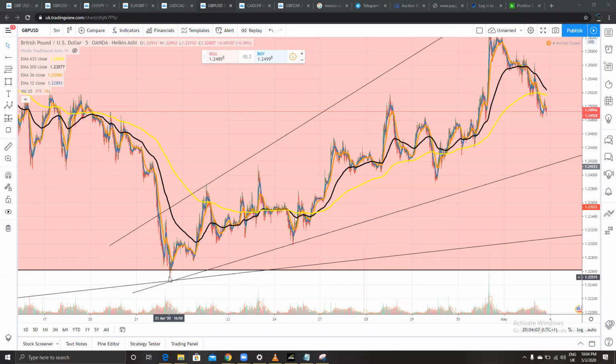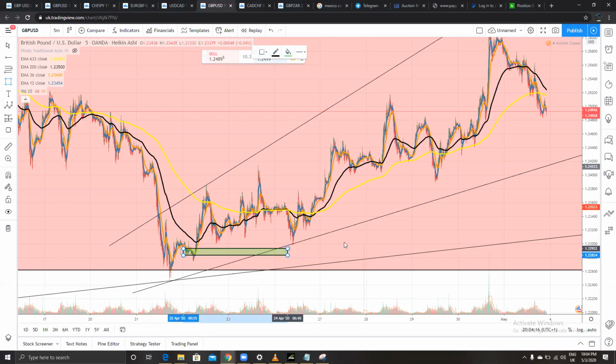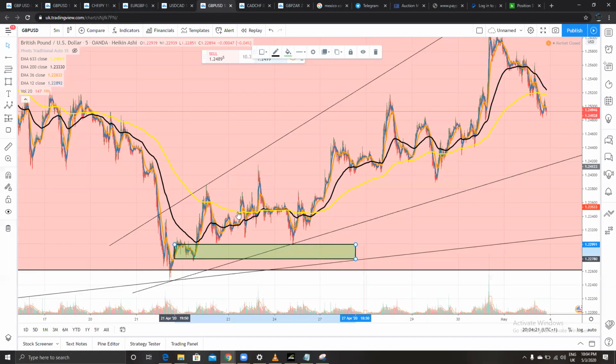So you can see now this is a huge support. Having this level as well would be another huge area of support. When you take a short, and then price is approaching support, that trade may not really work out.